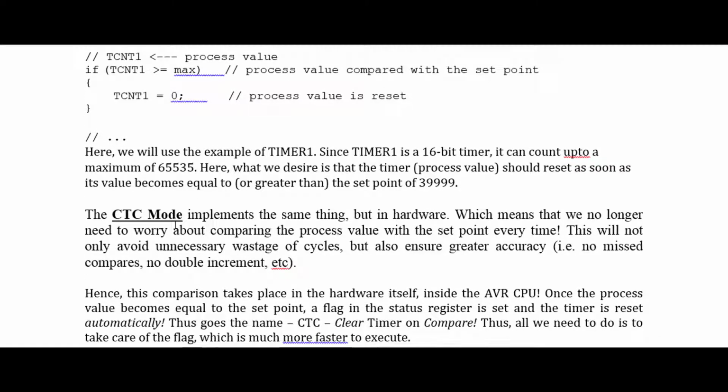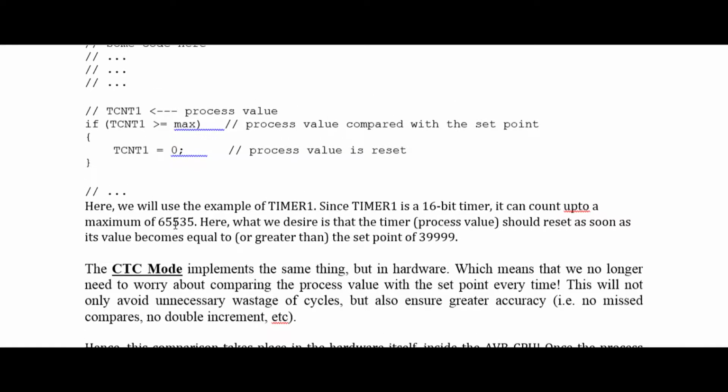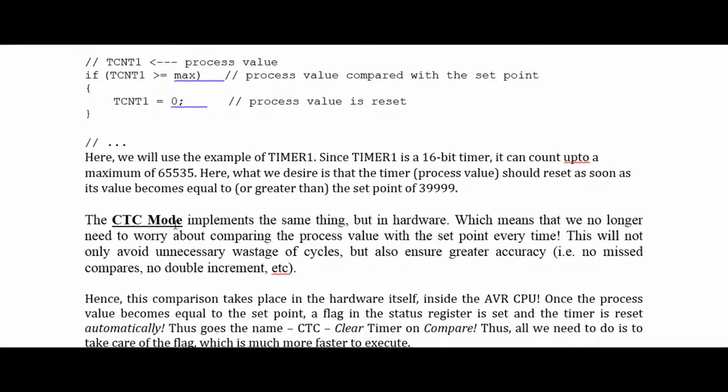As you know, timer 1 is 16-bit and it can count up to 65,535. So in the example, we are using 39999, which is still in the range of timer 1. In the CTC mode, the same thing is applied, but as I said, using the hardware.